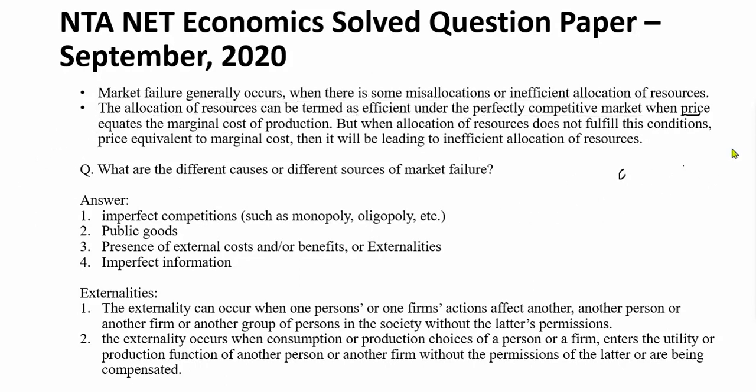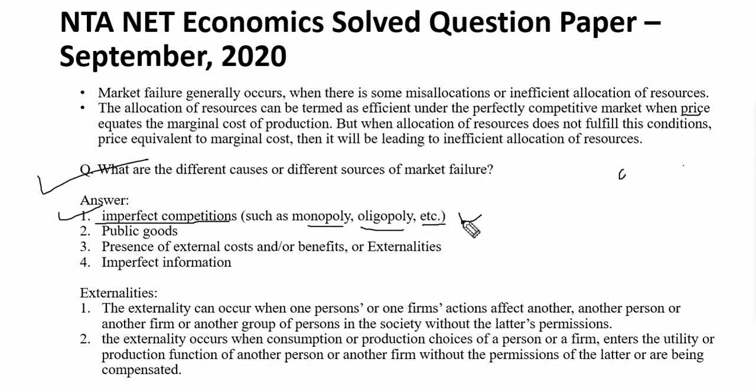Fine. So the question is asking for the reasons for market failure. We know from our textbook that first is imperfect competition, that is when there is no perfect competition, such as the presence of monopoly, oligopoly, and some other forms of market.